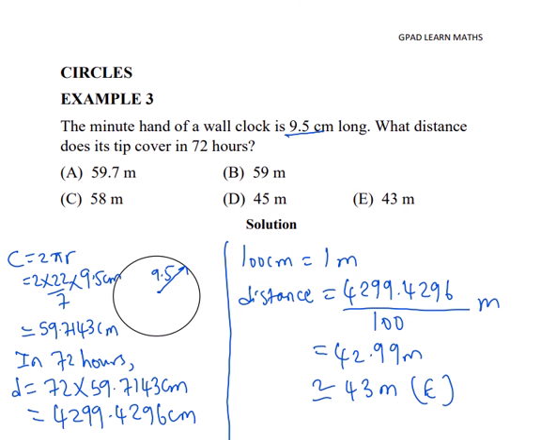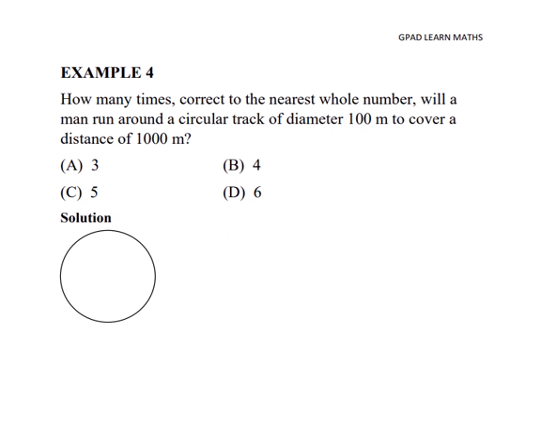Okay, so let's treat another example on this. Example 4 now. How many times, correct to the nearest whole number, will a man run around a circular track of diameter 100 meters to cover a distance of 1,000 meters?